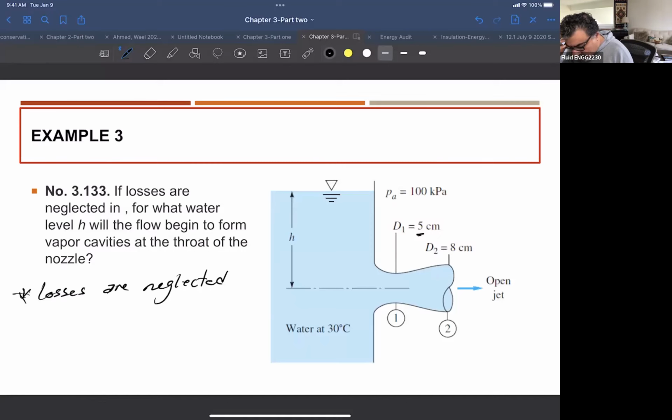For what water level H will the flow begin to form vapor cavities at the throat of the nozzle? This is the throat of the nozzle. Throat means the smaller area of the nozzle. And this is a nozzle we have here. So at which H, how is this related?